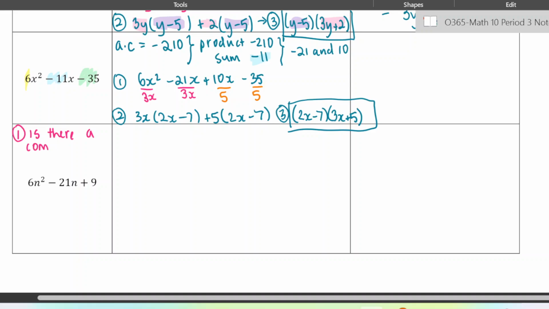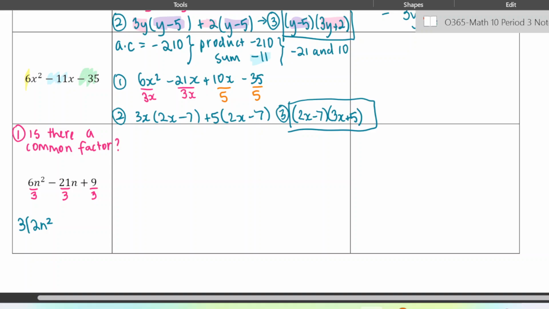Is there a number or a letter that I can divide out of every single term initially? Then you should do that. In this case, 6, 21, and 9 can all be divided by 3.